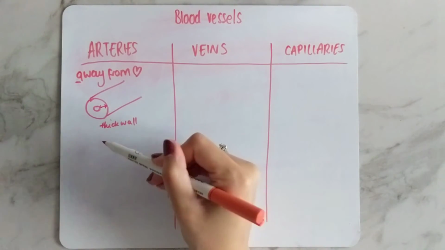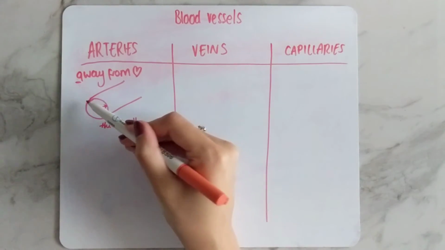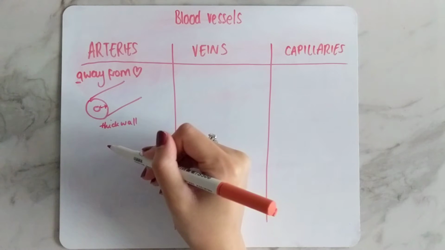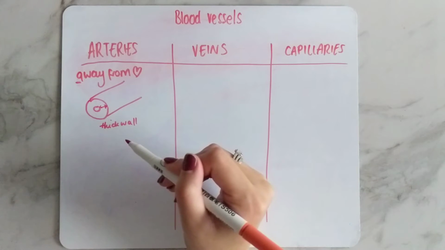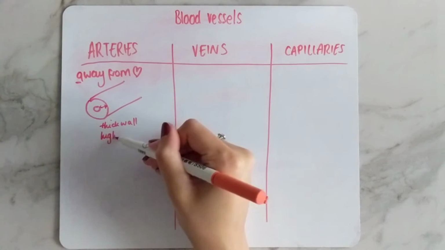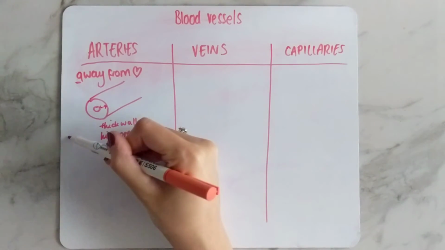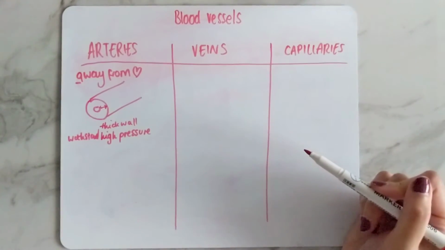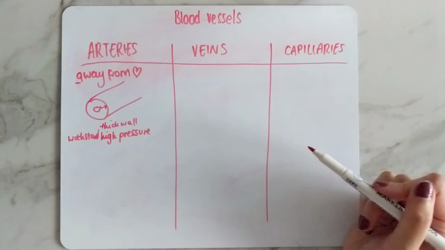Because the blood is travelling under high pressure away from the heart, as in maybe the aorta carrying the blood to the rest of the body, this artery can withstand high pressure, because the last thing you want is your artery to tear whilst it's carrying blood under high pressure.